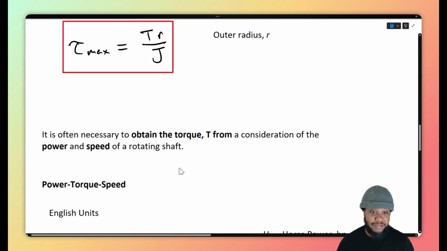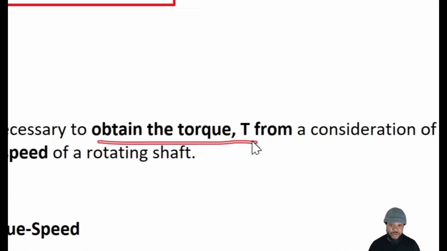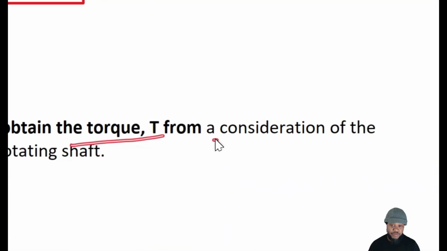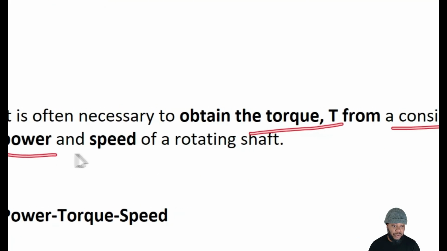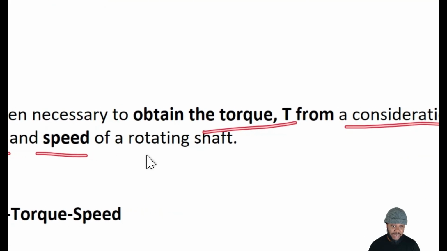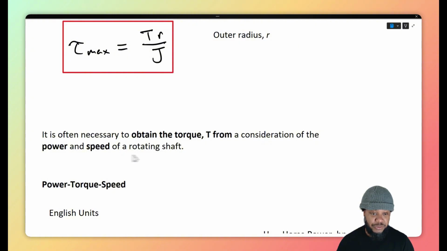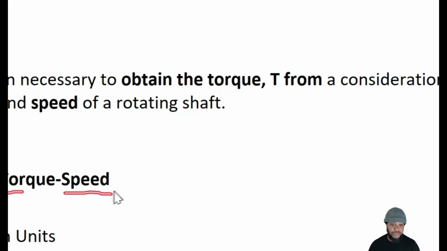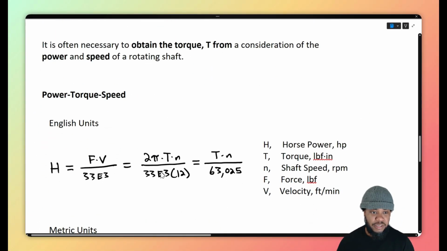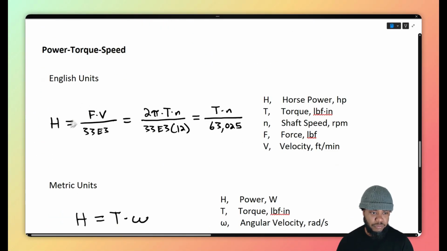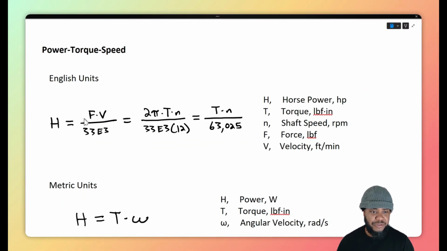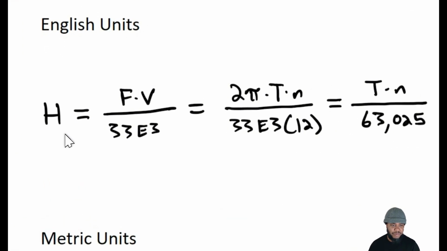Now, it's often necessary to obtain the value of torque, so the moment that's applied to a shaft, from a consideration of the shaft's power and speed as it is rotating. And so the relationship between power, torque, and speed is very important in shaft design. Now, in English units, we can define power as horsepower. And then there's a couple of different ways that we can calculate that power in terms of horsepower.